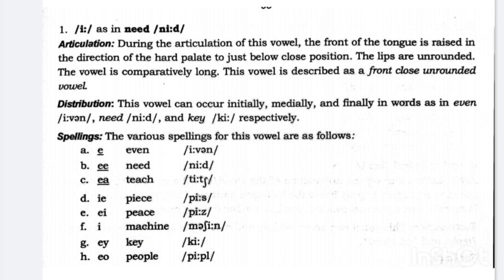E and Y. See, the letters E and Y stand for the vowel sound E, which occurs finally. Moving on to the next one, people. Here the letters E and O represent the vowel sound E, in this word, people.